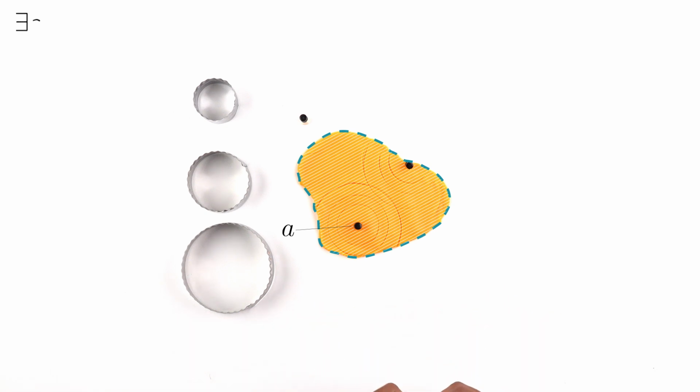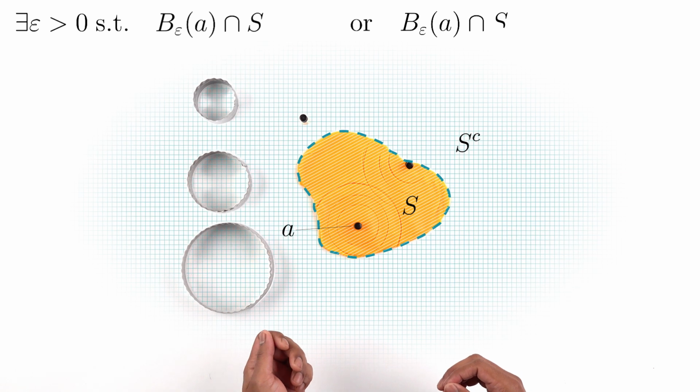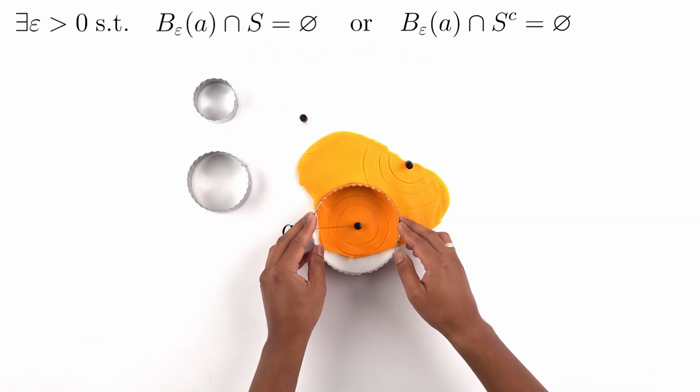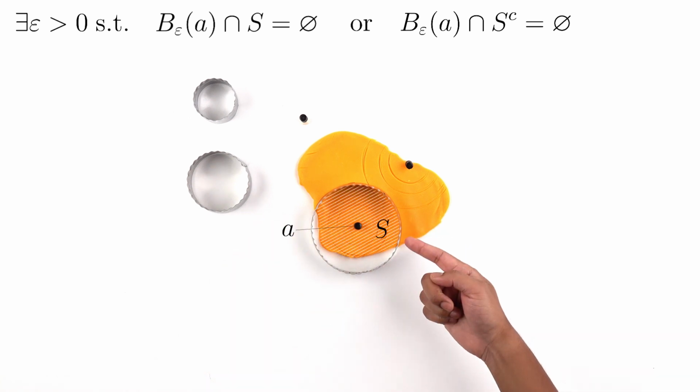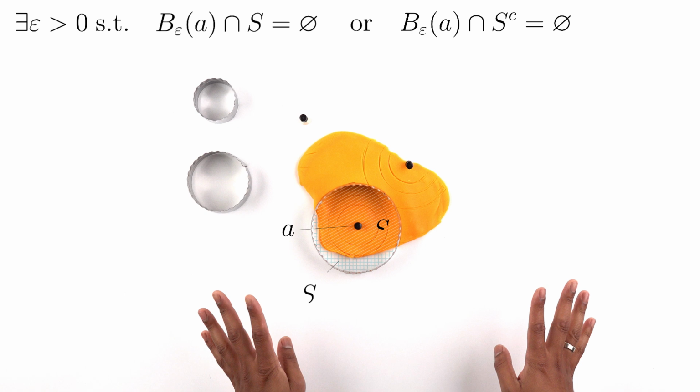There exists epsilon greater than 0 such that the epsilon ball centered at A intersected with S or intersected with S complement is empty. This open ball has points inside S and outside S. This does not prove anything.